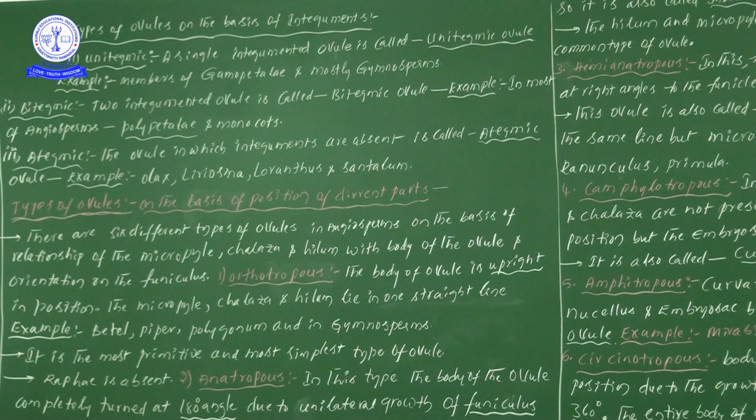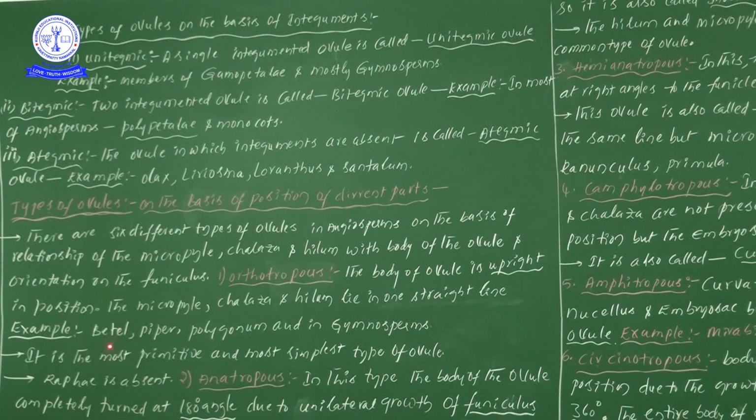When the ovule is upright, definitely the micropylar region, chalazal region, and the junction where the ovule and the funicle fuse together, the hilum, will all be on a straight line.